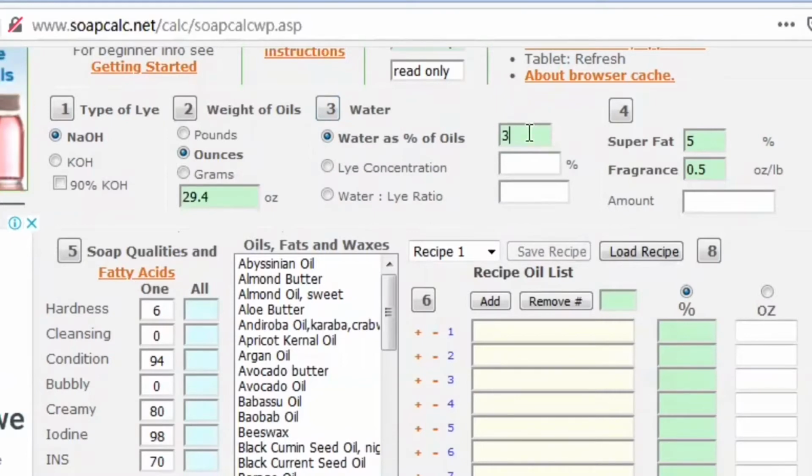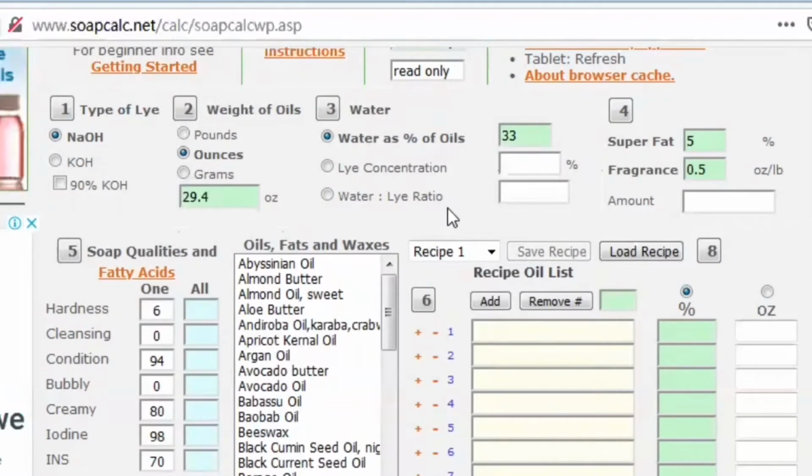As I mentioned before, if you're starting to make soap, please leave your water percentage of oils at 33%. 38% is the standard set, but it is for hot processed soap, not for cold processed soap. That would be too much water in your soap if you're making cold processed, so just put it at 33%.